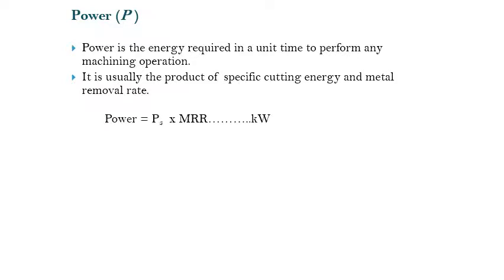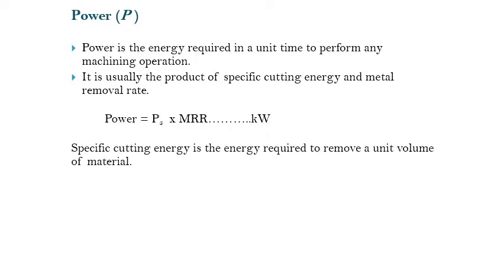So power P = P_s × MRR, where P_s is the specific cutting energy and MRR is the metal removal rate. We will get power in kilowatts.